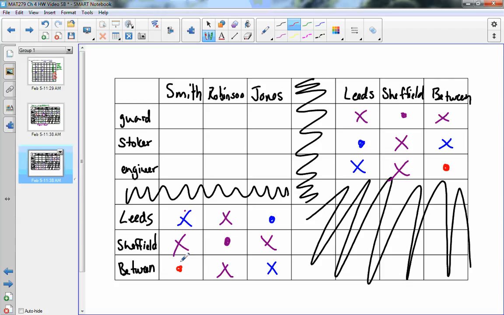From that sentence, if Smith lives between and the engineer lives between, then Smith must be the engineer. And we have Engineer Smith. And that also works with that last clue. The railwayman Smith beats the stoker. The only thing we know is that Smith is not the stoker.